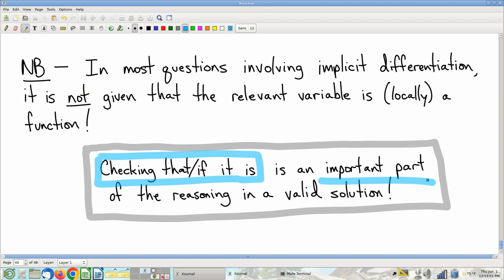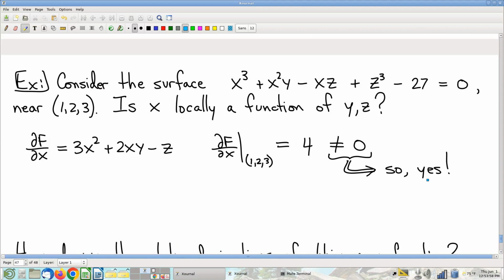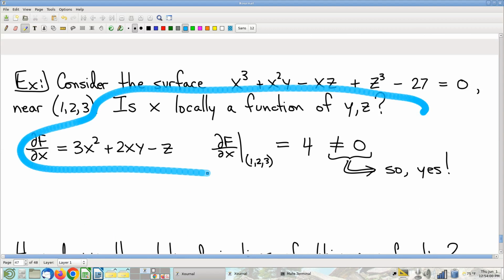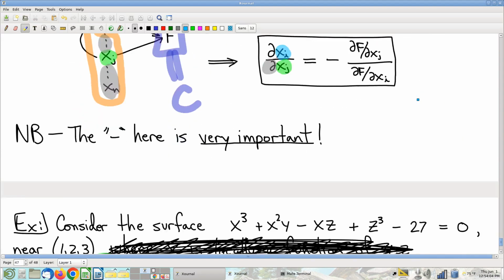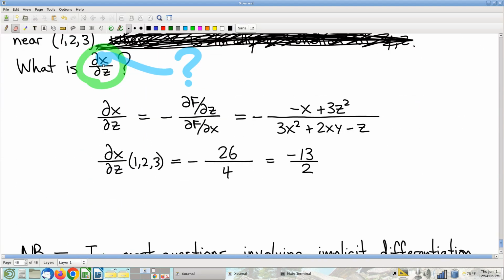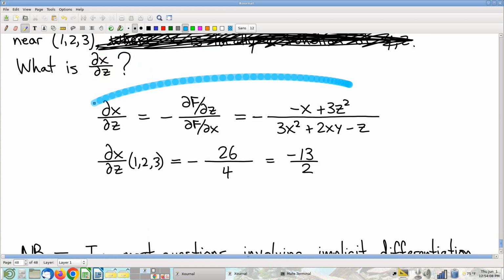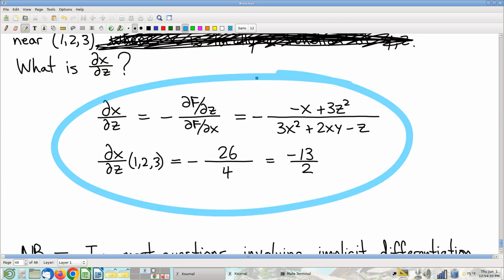Typically, when I grade these questions, it's about half. Half of the points on the question would come from this, and the other half of the points, ballpark, would come from this. So, heads up. Make sure you treat these kinds of questions appropriately.